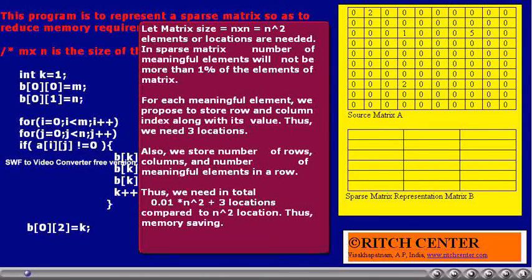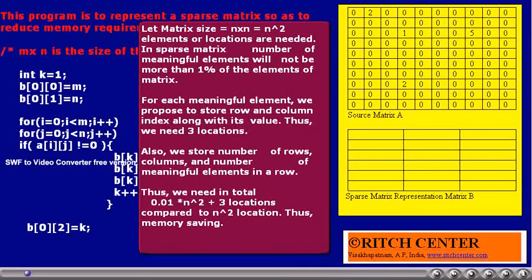That is, for any element, we store row and column index and its value in one row. Thus, we require 3 locations to store any element information. If there are n elements, then we require 3n locations plus 3 more locations are required to store the original matrix rows, columns, and total number of meaningful elements.